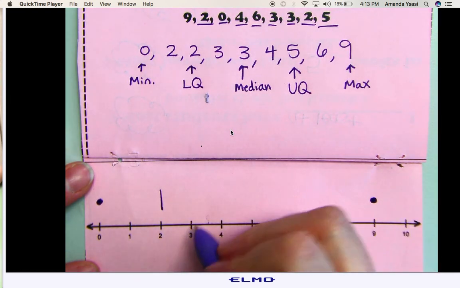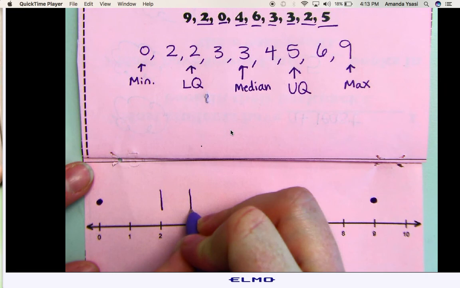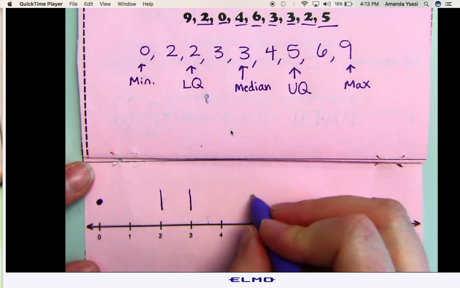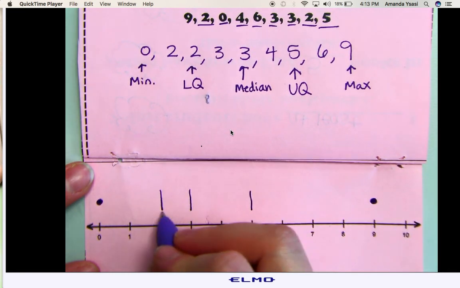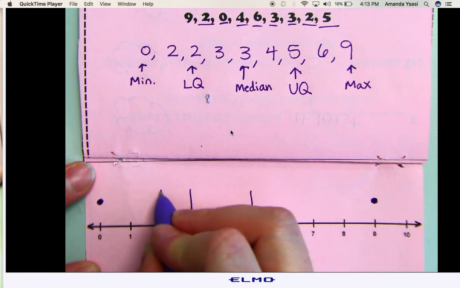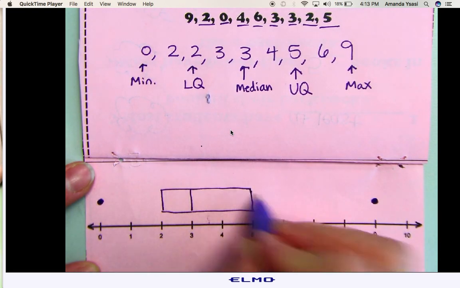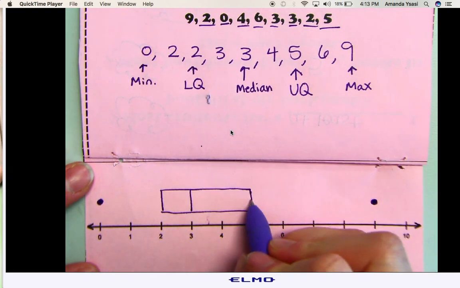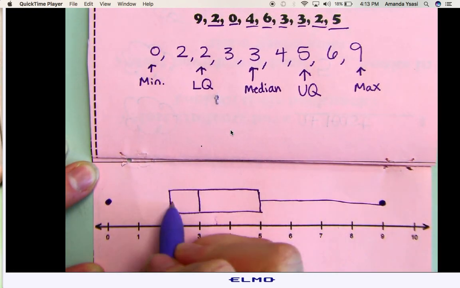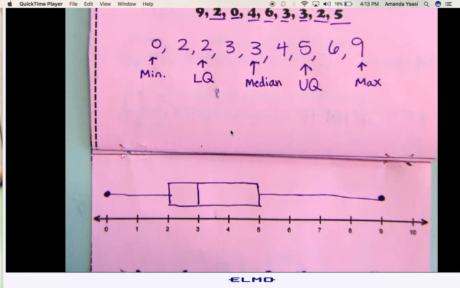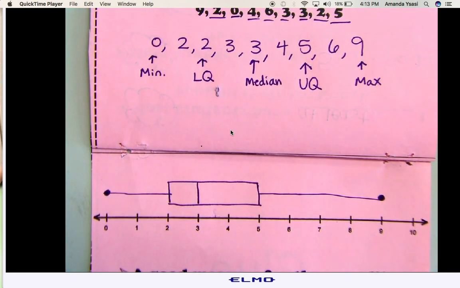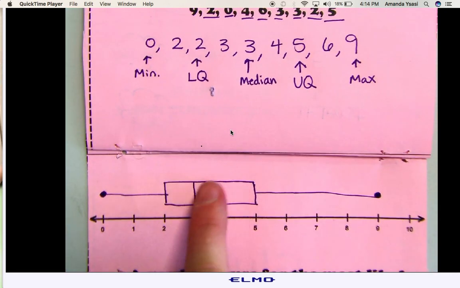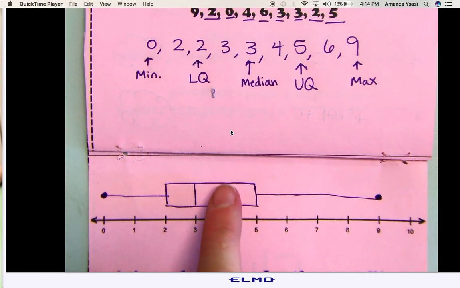The median is 3. And the upper quartile is 5. So we make the box. That's your box, and here's your whisker. So what this tells us is that they are mostly in this bigger rectangle.